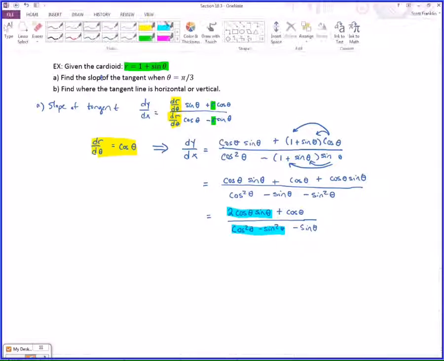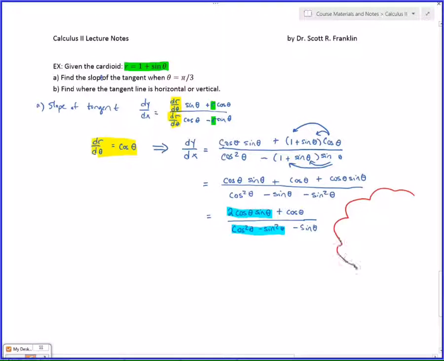Yeah, you can do both. So what is 2 cosine theta sine theta equal to? Sine 2 theta. And then what's cosine squared theta minus sine squared theta? Cosine 2 theta. So now what I've got is sine 2 theta plus cosine theta over cosine 2 theta minus sine theta.